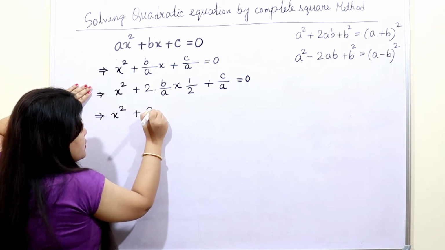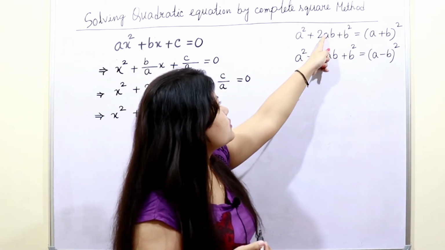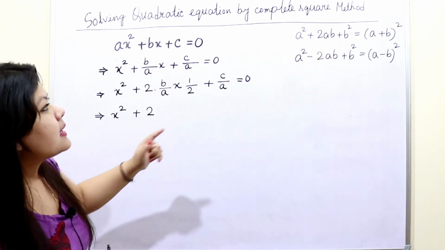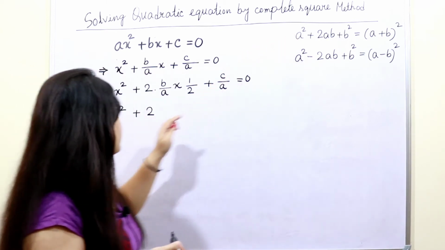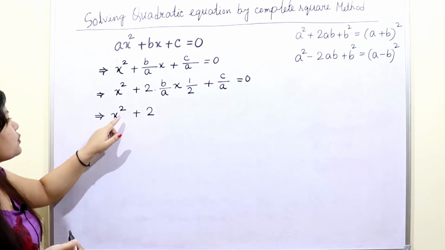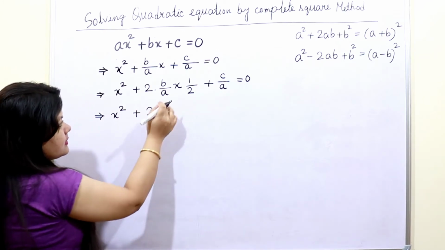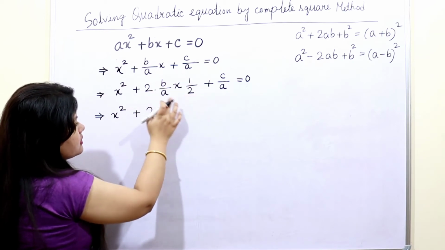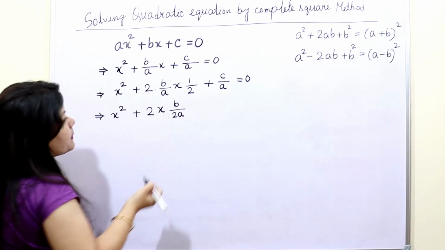If you compare with a square plus 2ab plus b square, you can see that x is equal to a. So we will write 2x. Then we will arrange the other terms, which will be b by 2a.